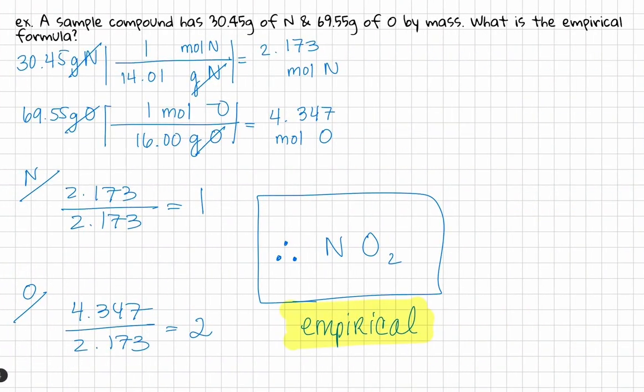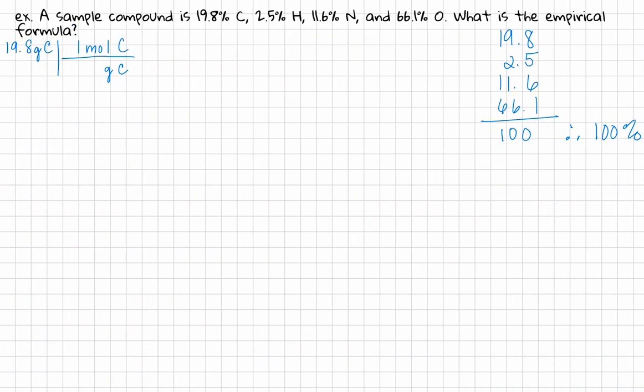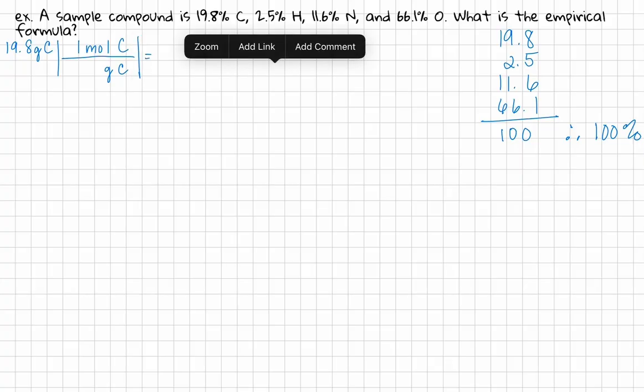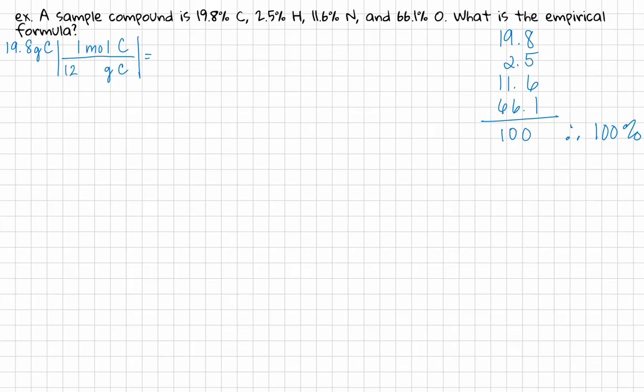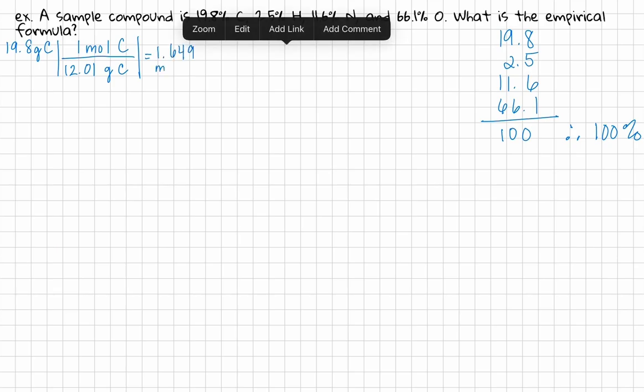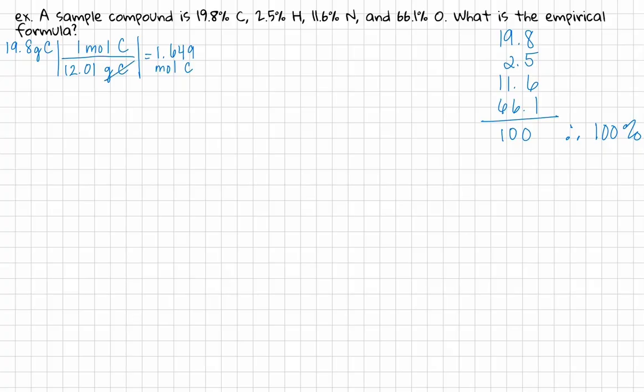So that's the first step we're going to do. And then per the periodic table, the atomic mass of carbon is 12.01 grams. Once we do the math, that's going to be 1.649 mole of carbon. This cancels out grams of carbon. We end up with mole of carbon.